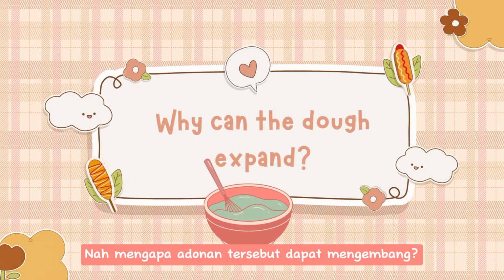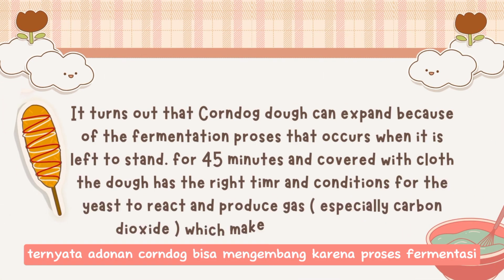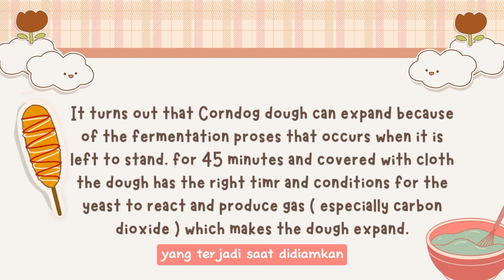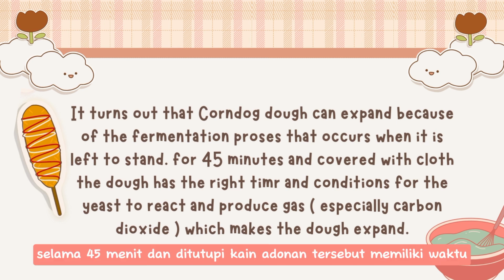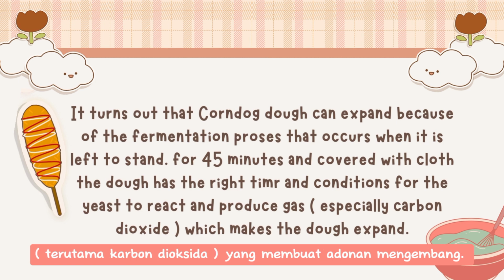Now, why can the dough expand? It turns out that corn dog can expand because of the fermentation process that occurs when it is left to stand for 45 minutes and covered with cloth. The dough has the right time and condition for the yeast to rise and produce gas, especially carbon dioxide, which makes the dough expand.